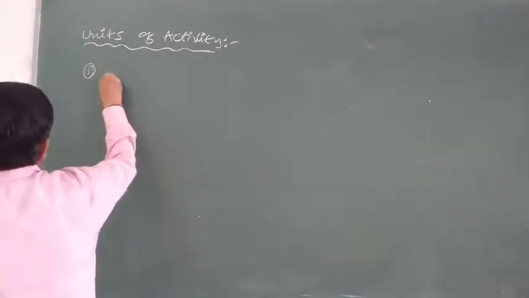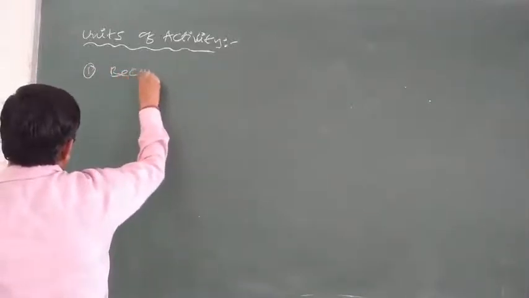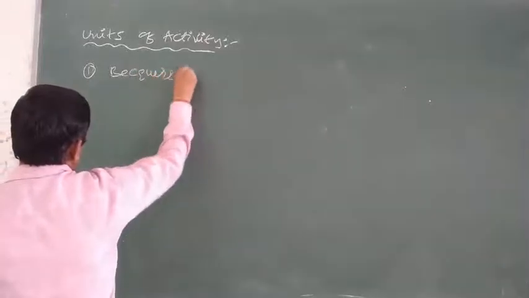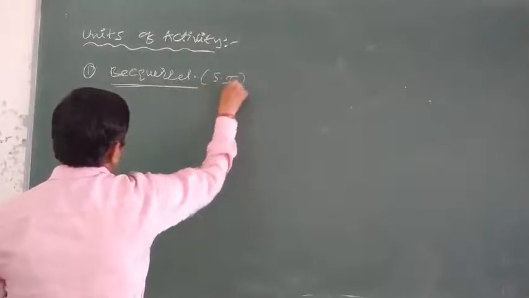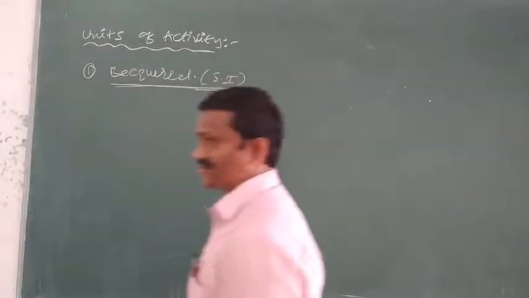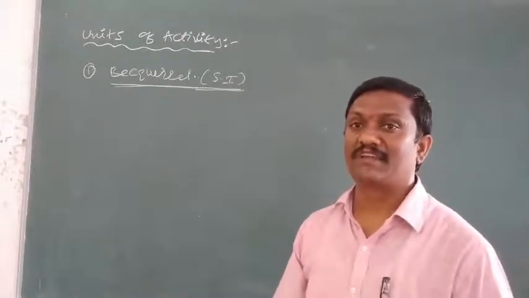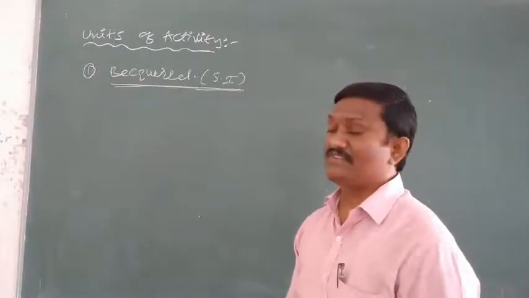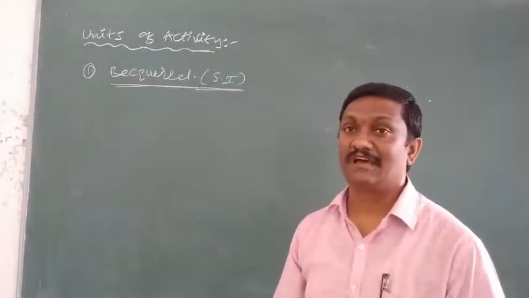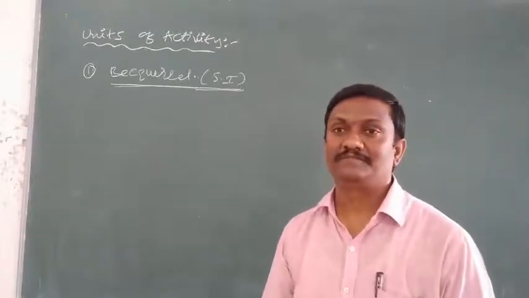First unit is becquerel. Becquerel is the SI unit of radioactivity, because radioactivity was discovered by the scientist Becquerel. Now what is meant by one becquerel?